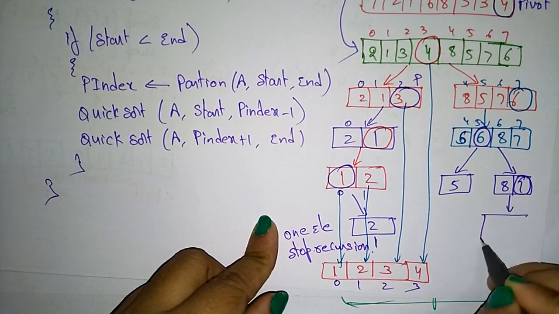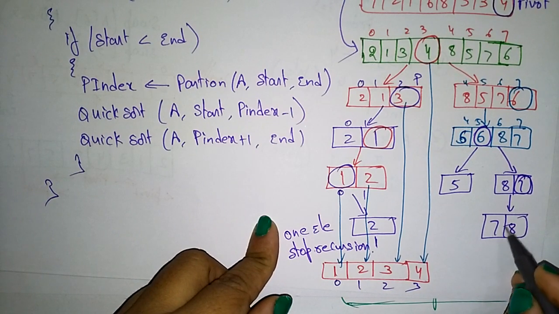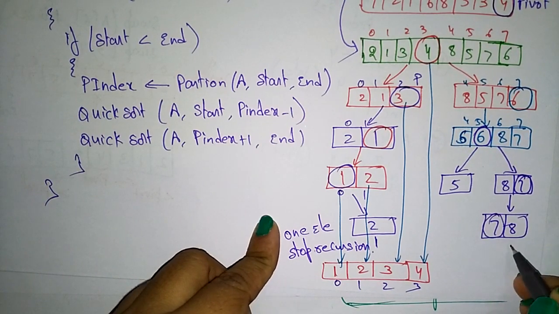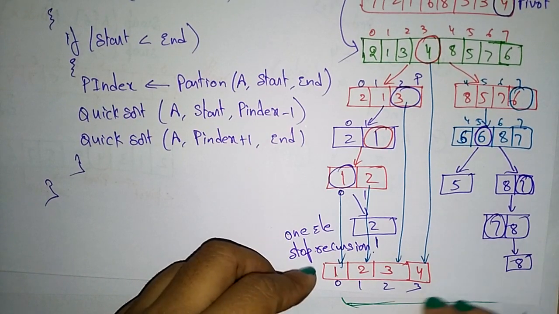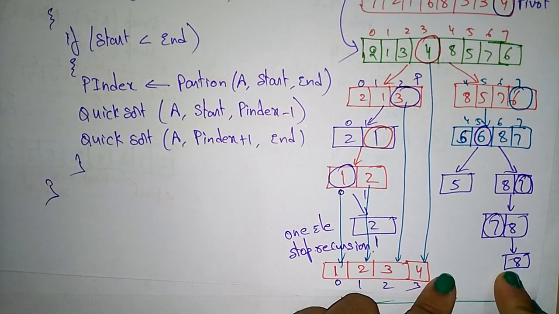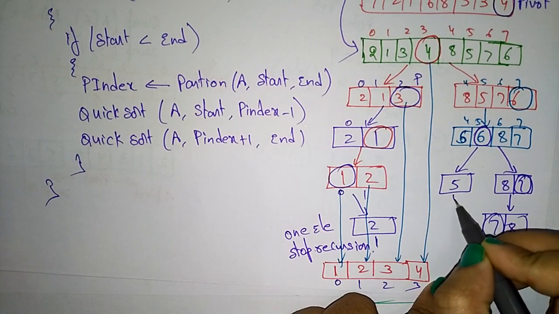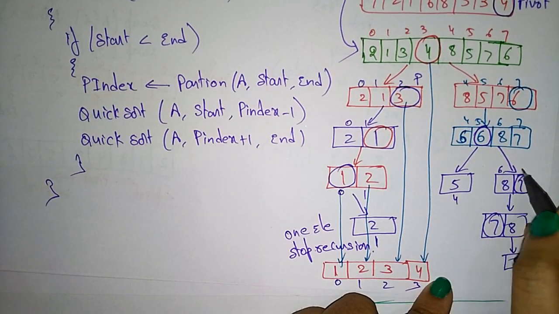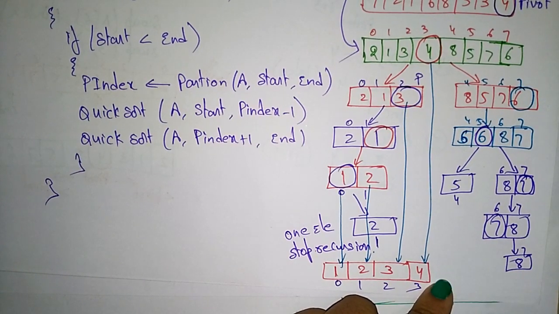You have to swap this: 7, 8. Okay. So whenever 7 is the pivot value, you have to divide it, and this is 8. So you have to stop the recursion because you reached one element. So the indices for this are 4, and this is 6, 7.